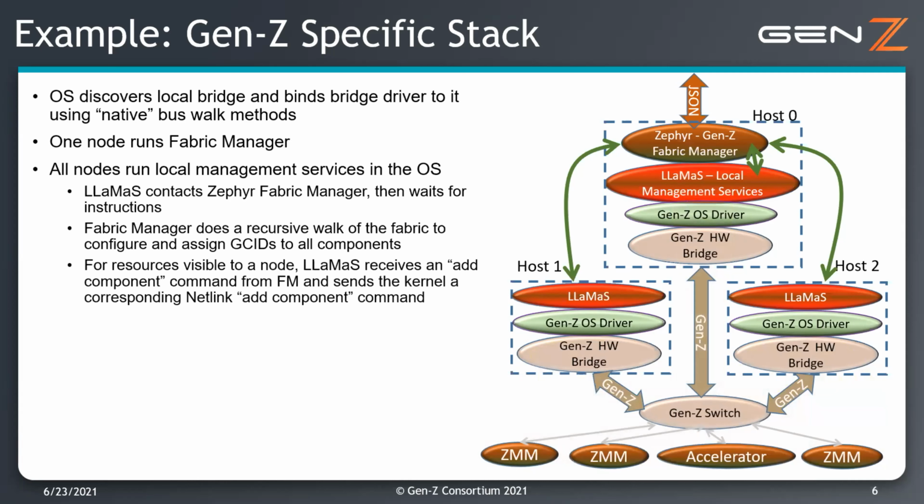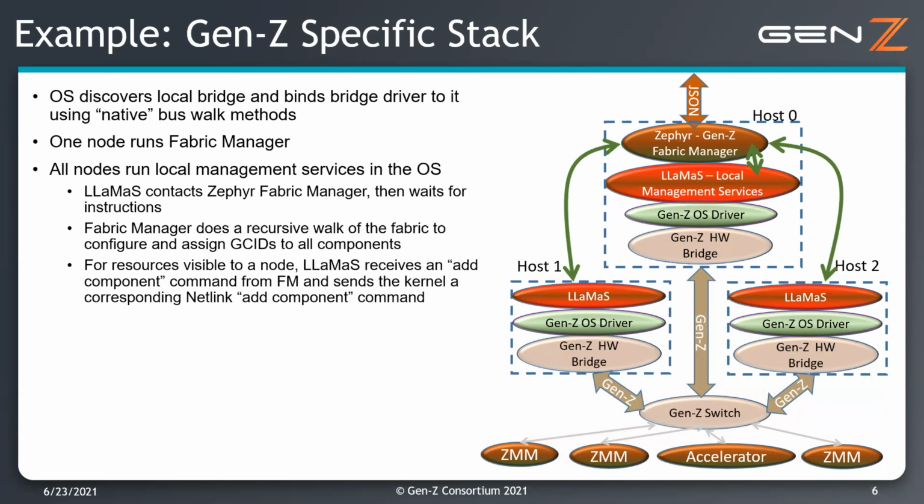Next bullet. Now for each of the nodes running Llamas, Llamas is going to receive an add component command from the fabric manager telling it that there's some new resource that this particular host is supposed to see on the fabric. And that Llamas instance will send its local kernel a corresponding Netlink add component command.